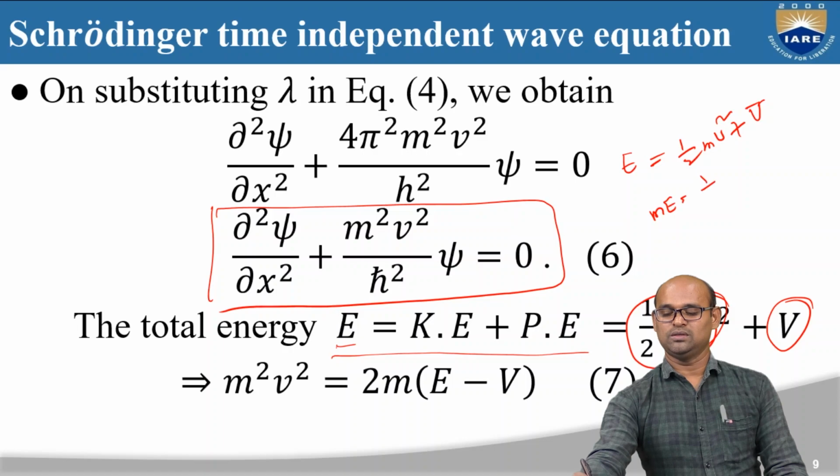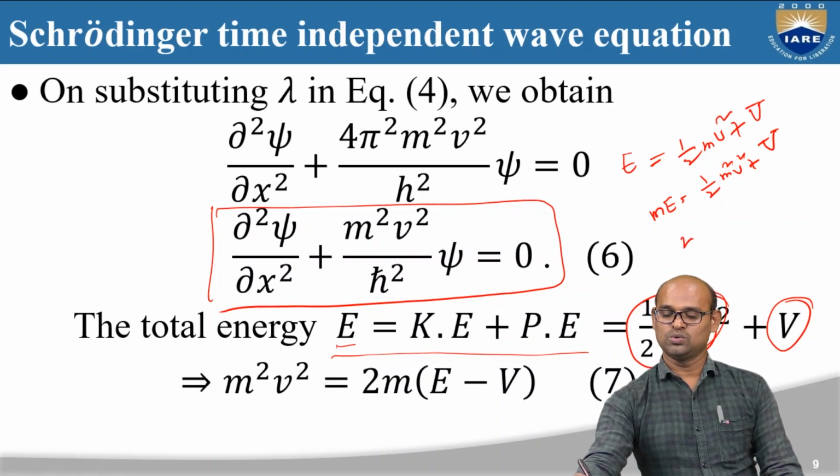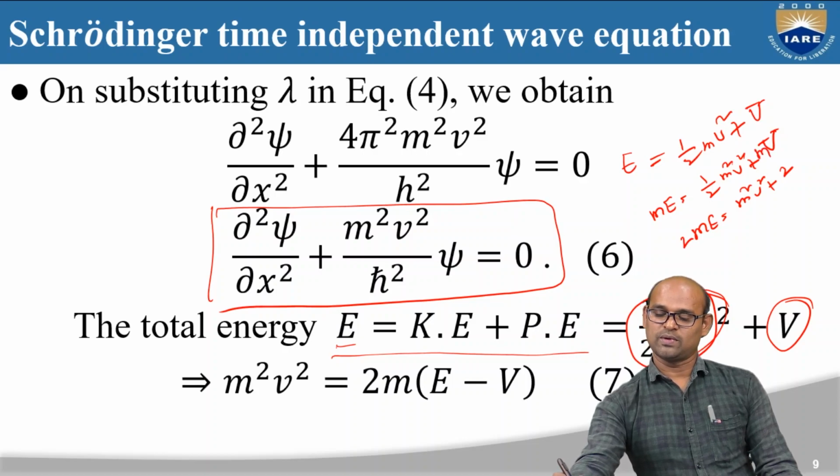So mE is equal to half m square v square plus mV, the potential. Now I am taking 2 to this side. So 2mE is equal to m square v square plus 2mV, because I have to multiply m on both sides.